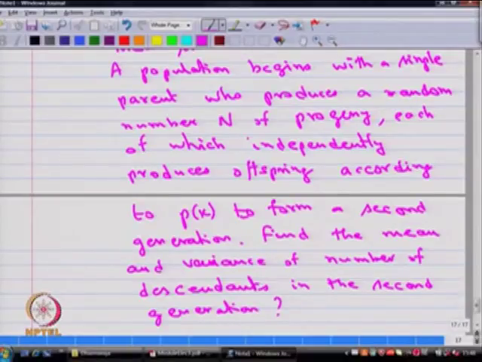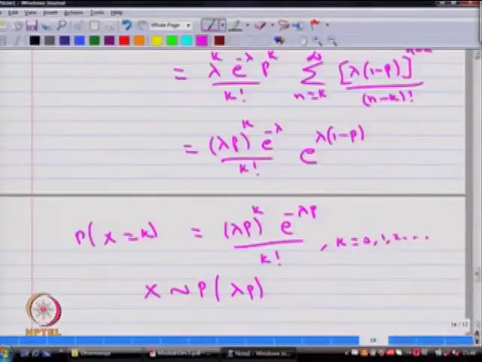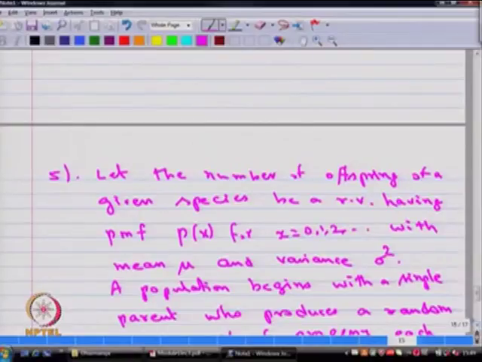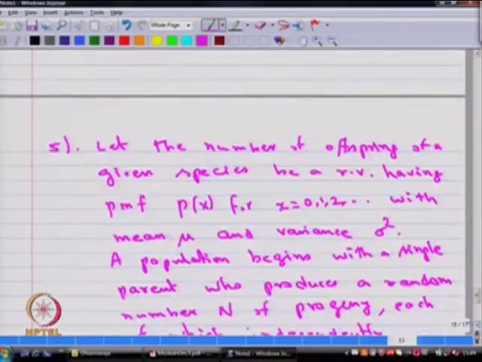So, let me read out the question again. Let the number of offspring of a given species be a random variable having a probability mass function p of x for x equal to 0, 1, 2 and so on, with the mean mu and the variance sigma square.